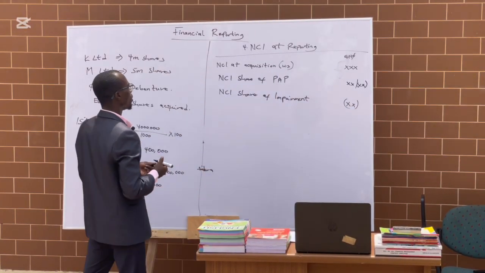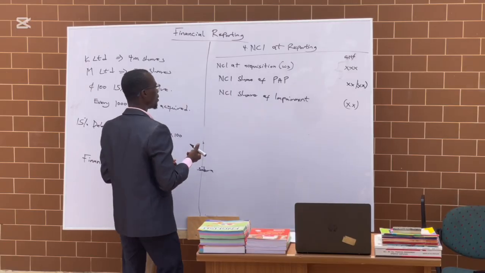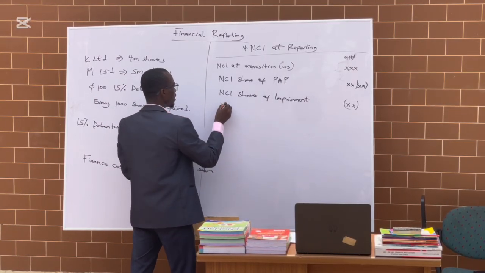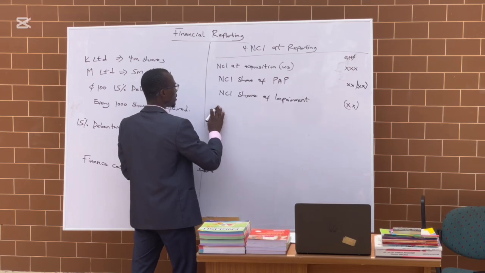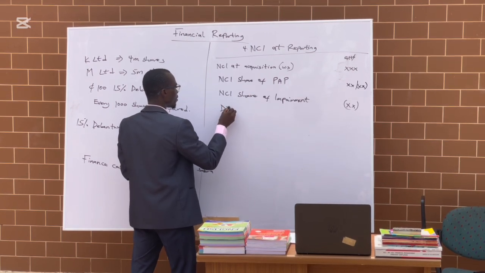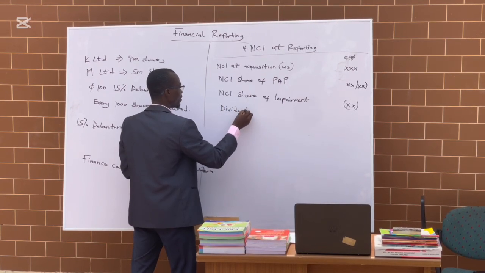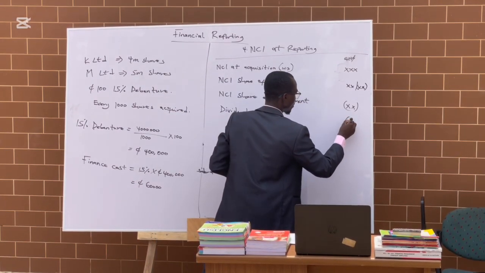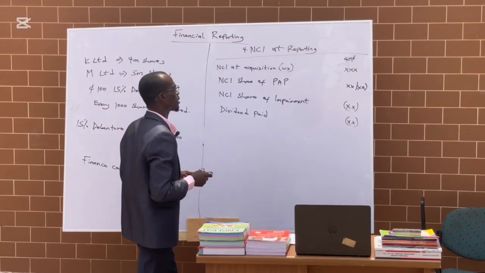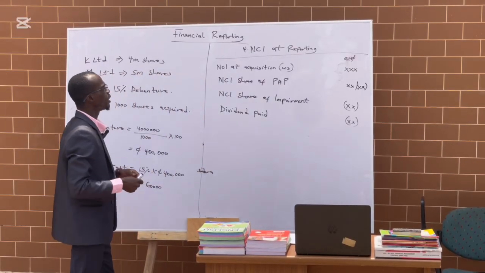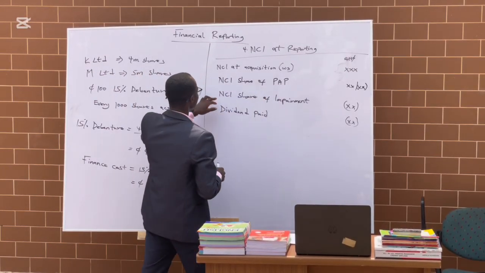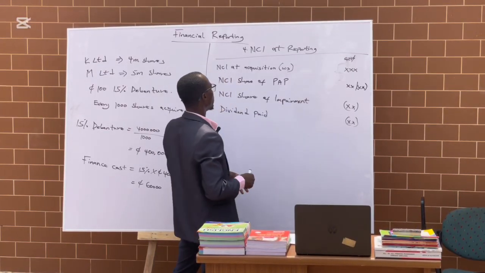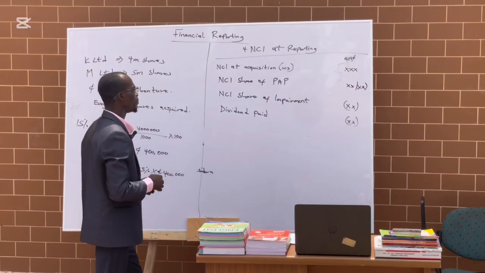If the subsidiary or the NCI pays any dividend, so dividend paid, you need to come and subtract. So the NCI share of PAP, the NCI share of impairment, and the dividend paid, you need to bring all these together.